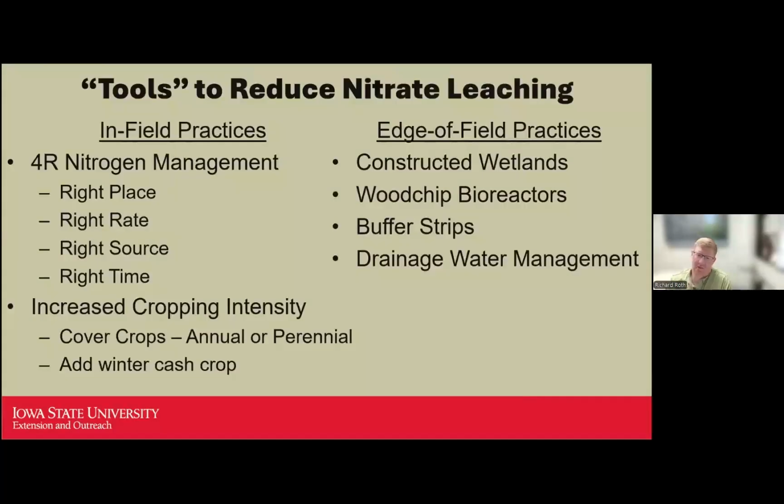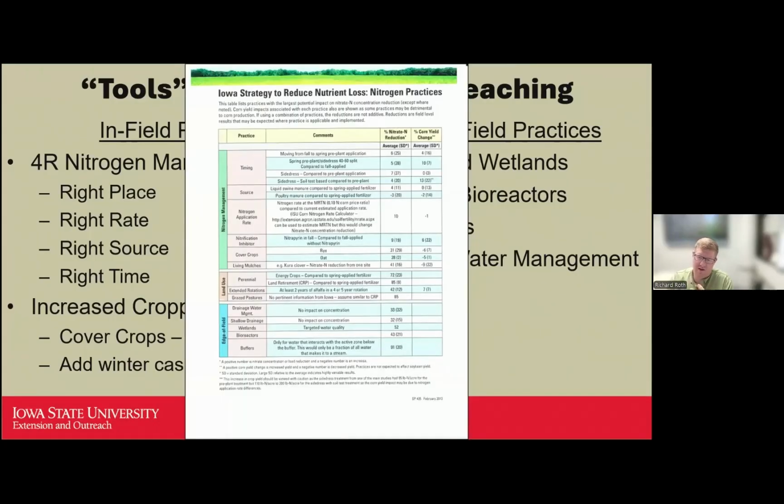When we think about tools to help reduce that leaching, there are in-field practices like nitrogen management and increased cropping intensity, but there are also edge-of-field practices that are super effective, like constructed wetlands, wood chip bioreactors, and buffer strips, things of that nature. You can find all of these and their estimated reductions in the Iowa Nutrient Reduction Strategy.